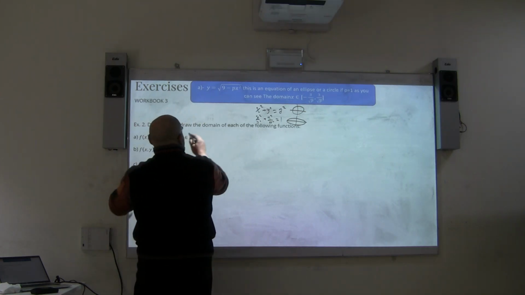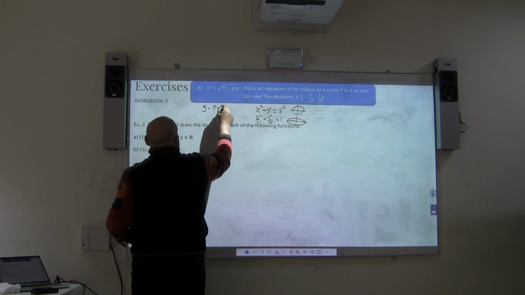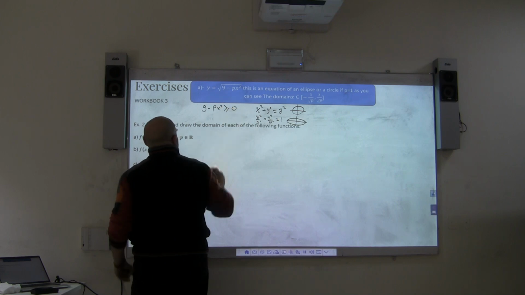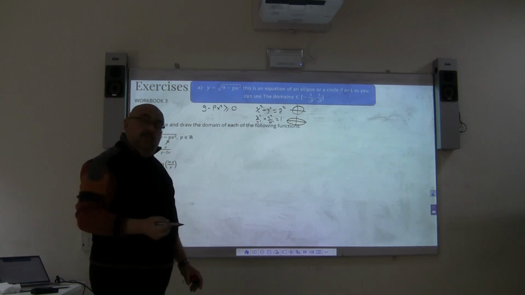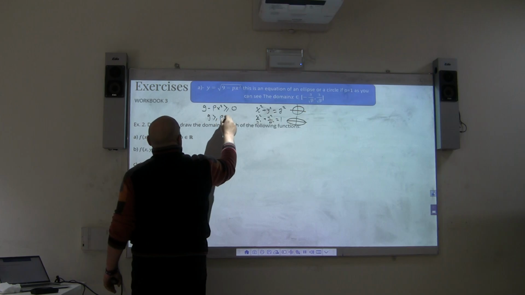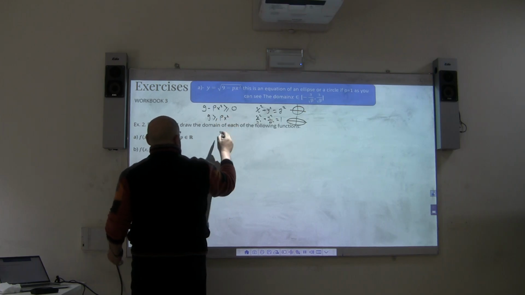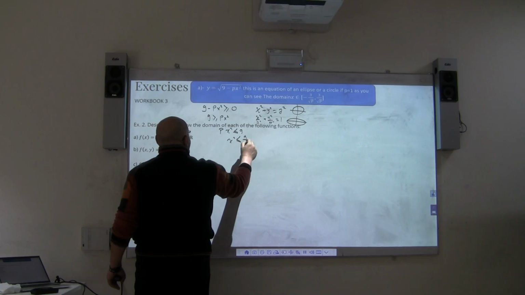From what's here, I have that 9 minus b x squared must be greater than or equal to 0. This is how to get the restriction, which means 9 is greater than or equal to b x squared, which is also like writing x squared is less than or equal to 9 over b.